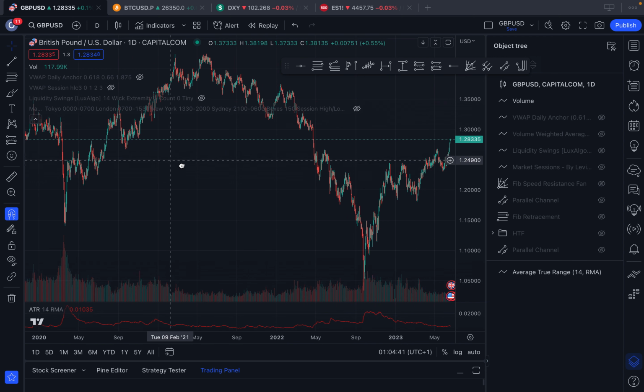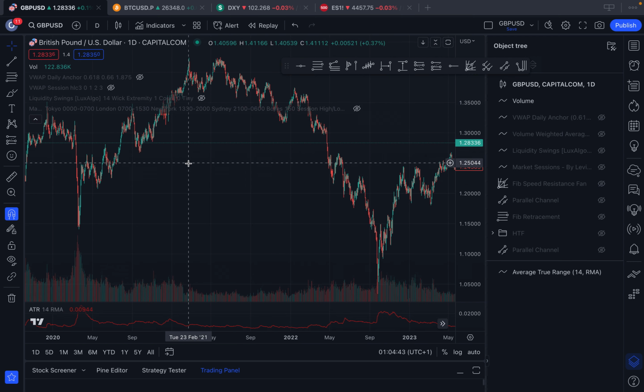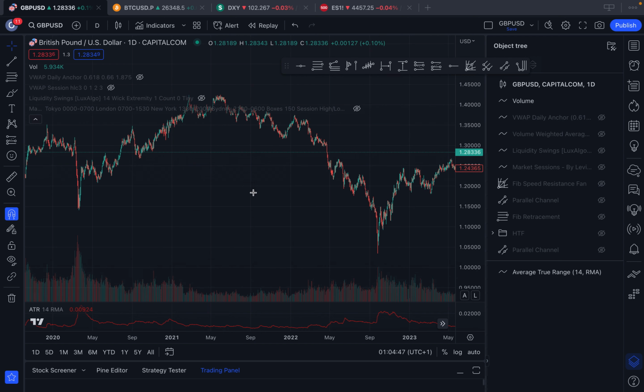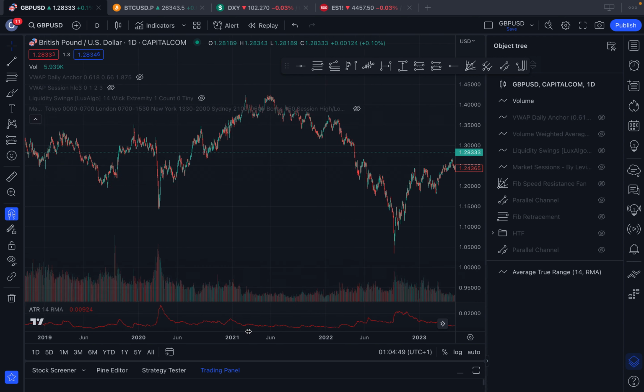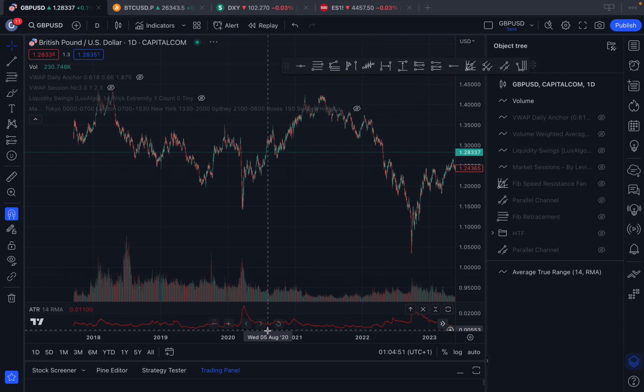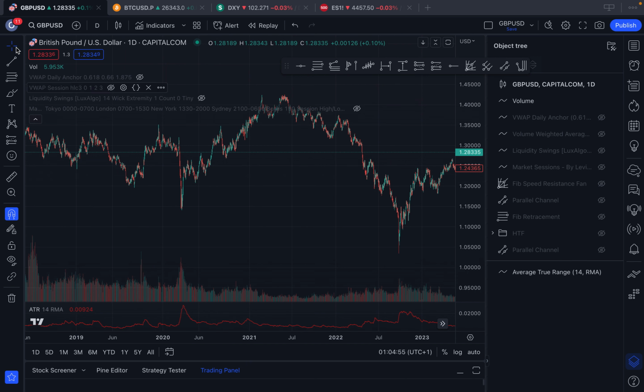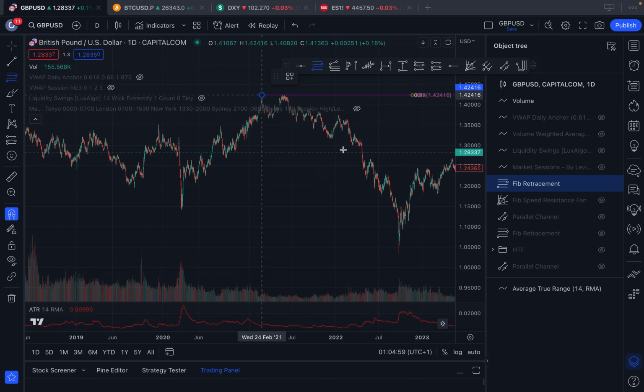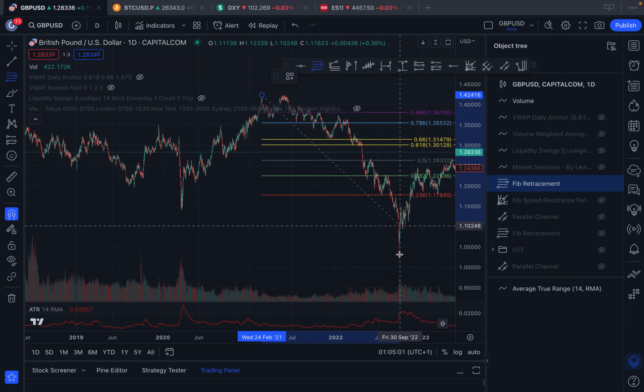Okay, so that was here, February 2021. I think that's the most recent real high really. Let's go from here all the way down to here.